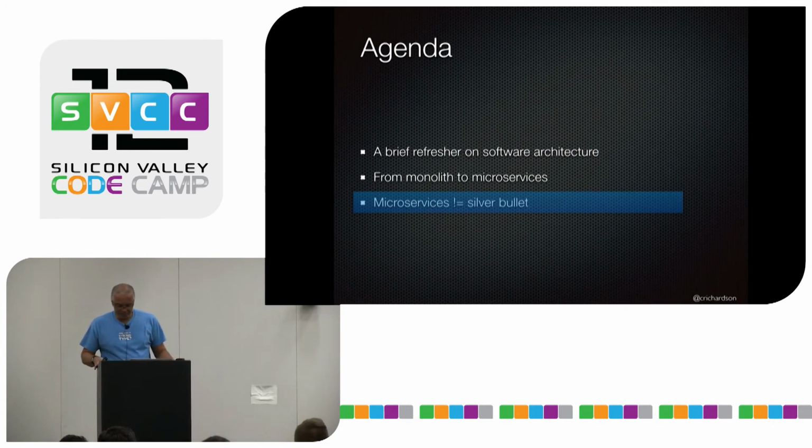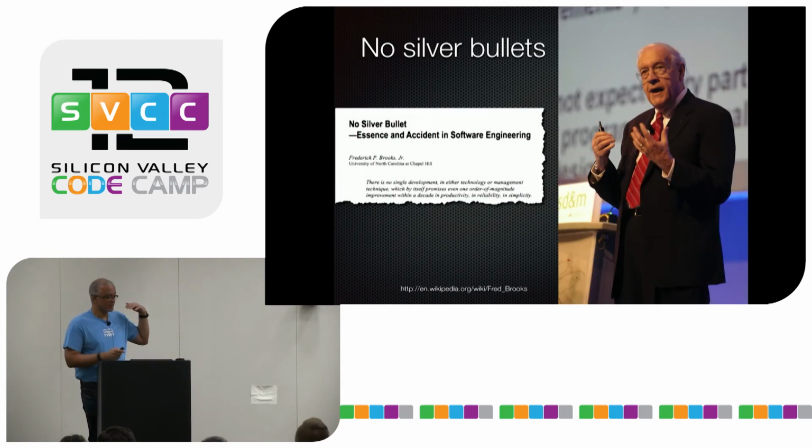So a lot of significant benefits. But as I mentioned at the beginning, the microservice architecture is not a silver bullet. So this is Fred Brooks. He wrote The Mythical Man-Month, and I think that was back in 1975. It's actually worth reading because even though it's about 40 years old, nothing has changed really in software development.